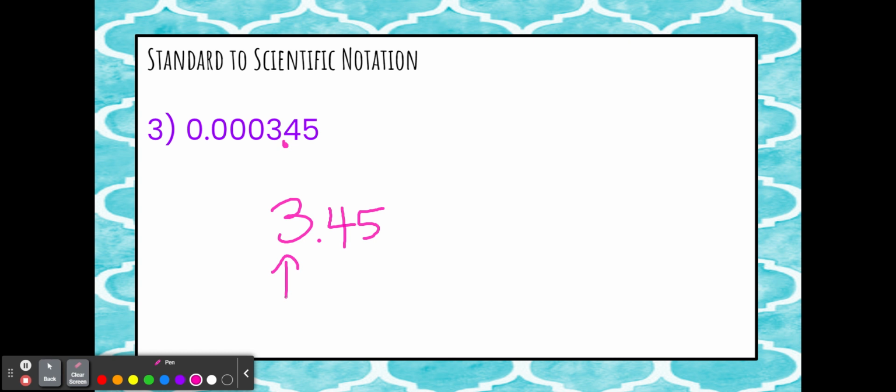So 3.45 times 10. Base is always 10. Right now the decimal is here, and I need it to be here. I need to count how many place values are in between the two decimals. 1, 2, 3, 4. That number is less than 1, so it's a negative exponent. It's negative 4: 3.45 times 10 to the power of negative 4.